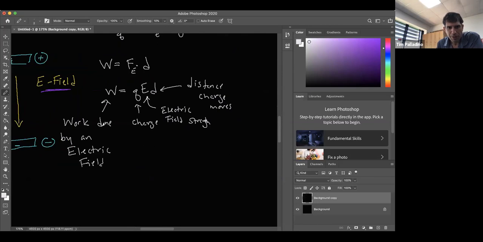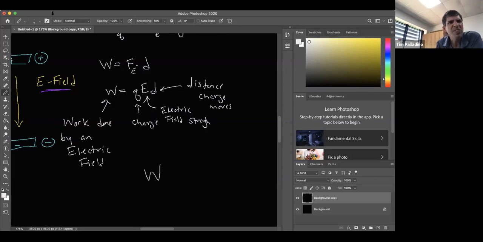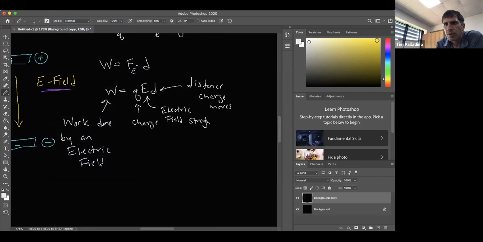I'm going to rewrite this just because it's getting kind of messy right there. So this is one of the two equations that we need today. We need this equation, work equals QED. All right, so remember this is energy.